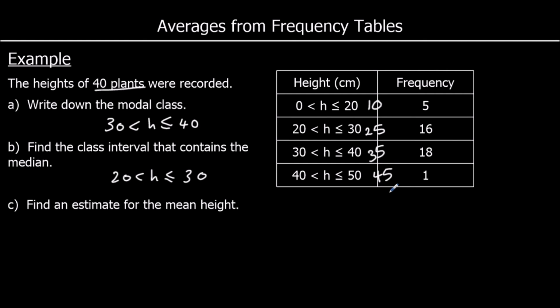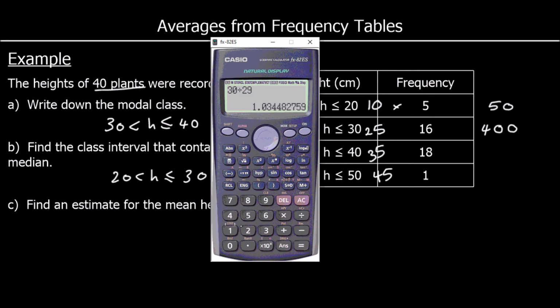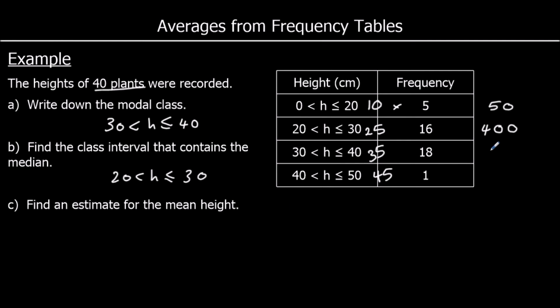So now we're going to add them all up and divide by how many. So we've got 5 10s, which makes 50. We've got 16 25s, so we can use a calculator for this. 18 35s, which is 630, and 1 45.